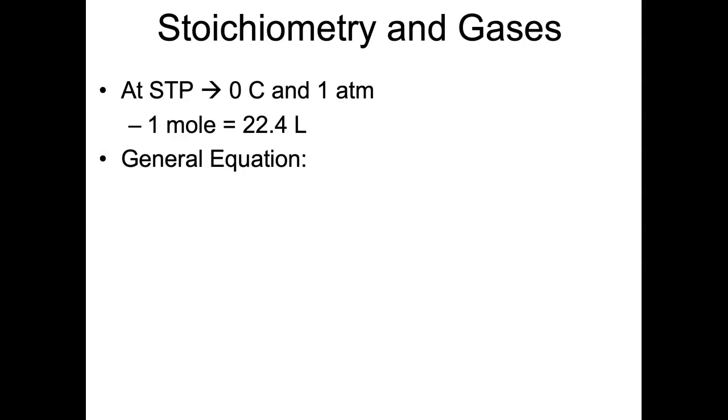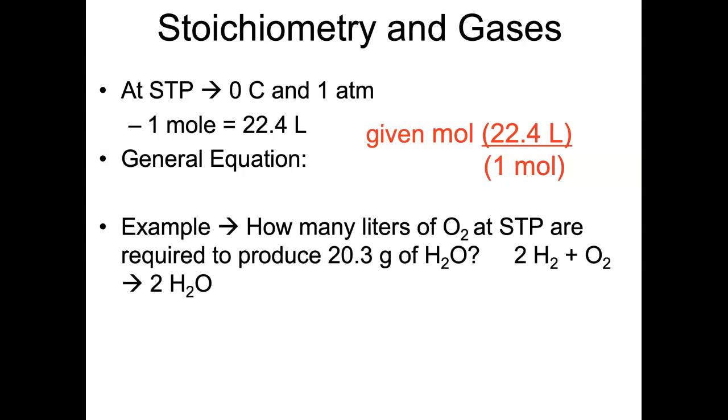All right, once again, don't forget that you do stoichiometry with gases. And you've always got this relationship, this fraction-style ratio, conversion factor, that 22.4 liters of a gas at standard temperature and pressure is equal to 1 mole.